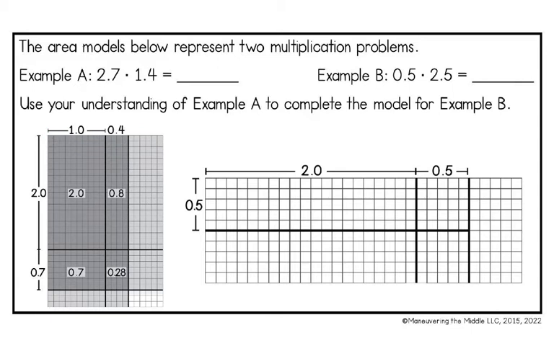It then did 2 times 1 and got 2, and then 2 times 0.4 and got 0.8, and then 1 times 0.7 and got 0.7, and then 0.7 times 0.4, which was 0.28.